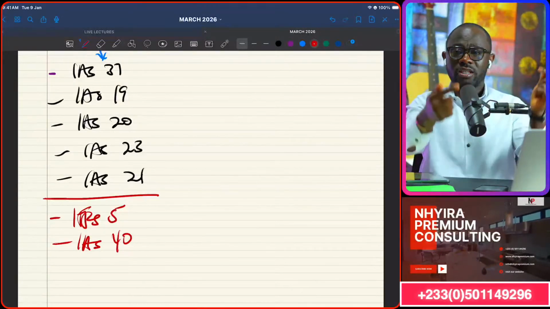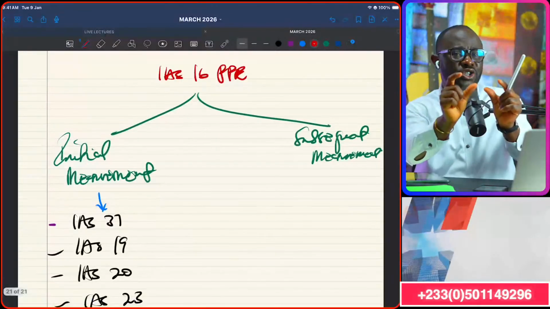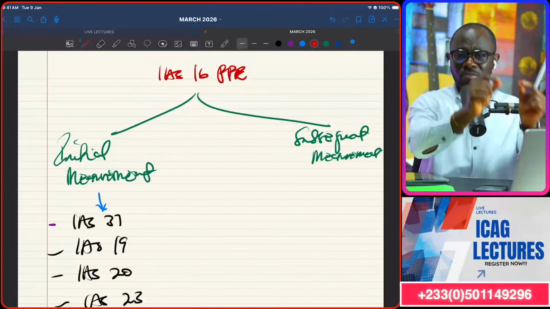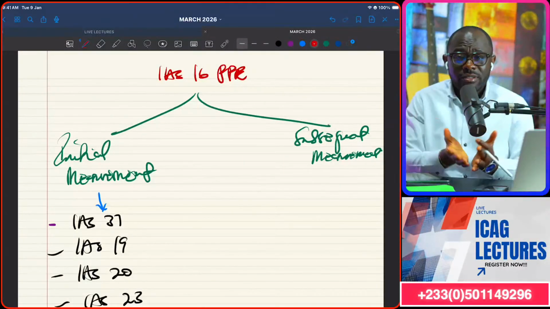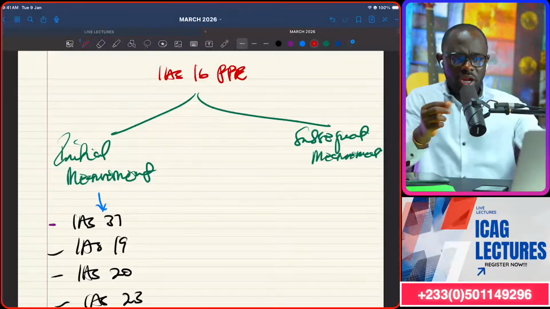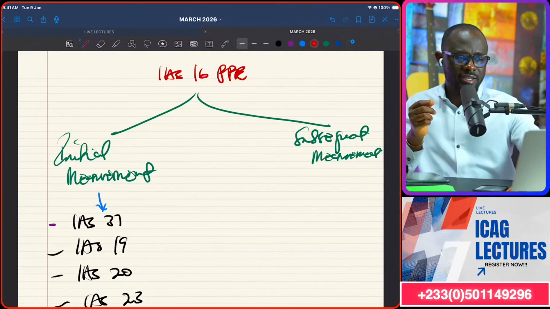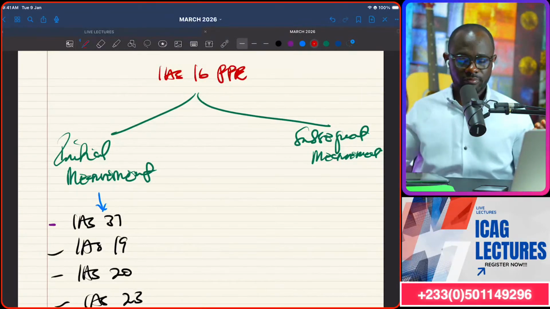So IFRS 5 and IAS 40 can also be called on to determine the initial measurement of a property, plant, and equipment. That is the beauty of the accounting standards. And if you understand it this way and know the relationship and the connections that exist between the accounting standards, you're going to be good.